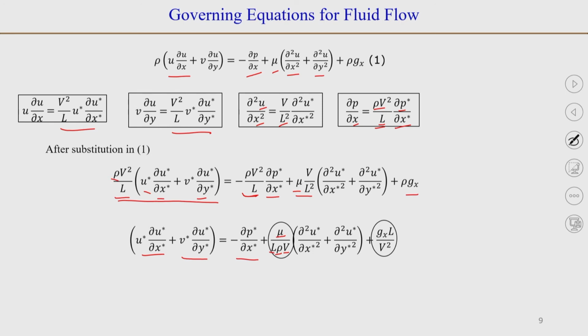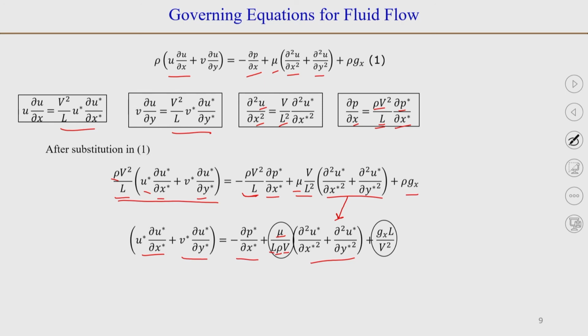So, you will have mu over L rho V, and within the bracket the same term will come here. The last term is rho g x divided by rho V squared by L. So, L goes up, rho will cancel out, and you will have g x L by V squared.